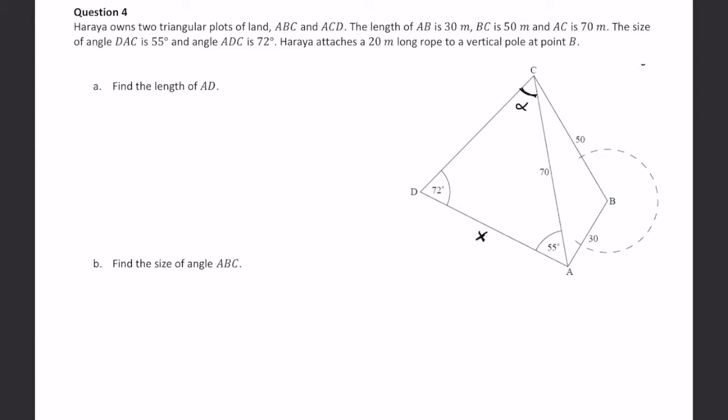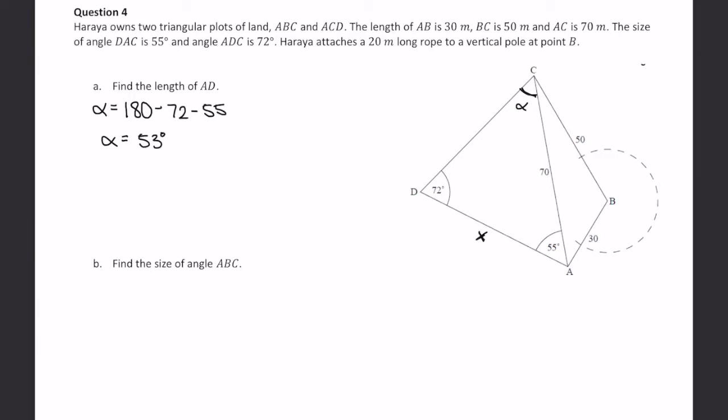All the angles in a triangle add up to 180 degrees. So if I take 180 degrees and subtract the 72 degrees and the 55 degrees, that gives me my angle alpha. So alpha is 53 degrees.